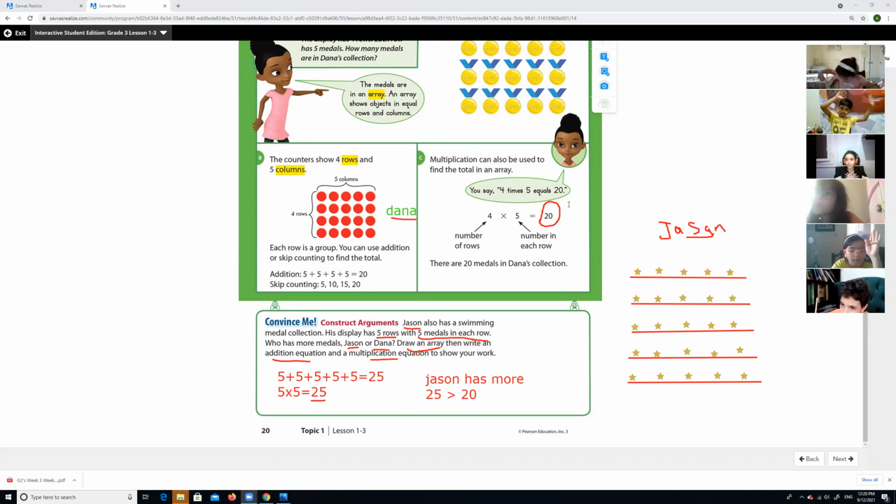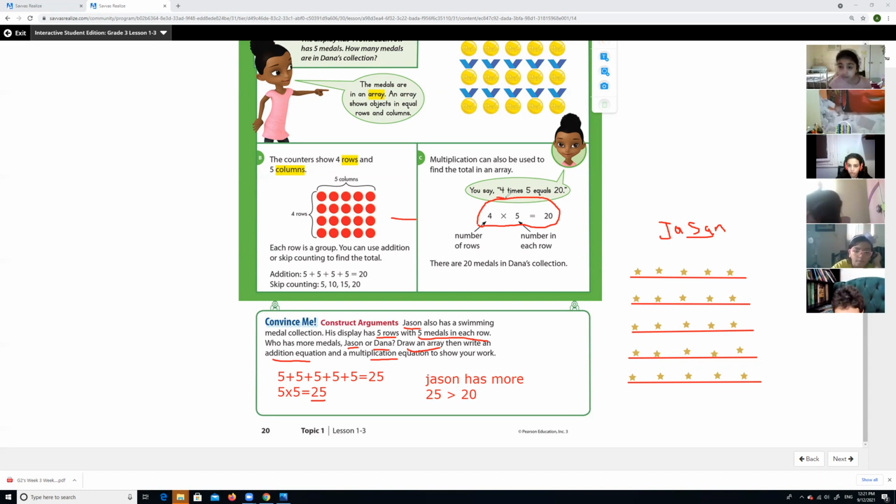Okay, I will tell you one thing. For me, I like to read multiplication equation as times. You know why? It will help you a lot. For example, here I have this equation. You know why I like to read it as 4 times 5?